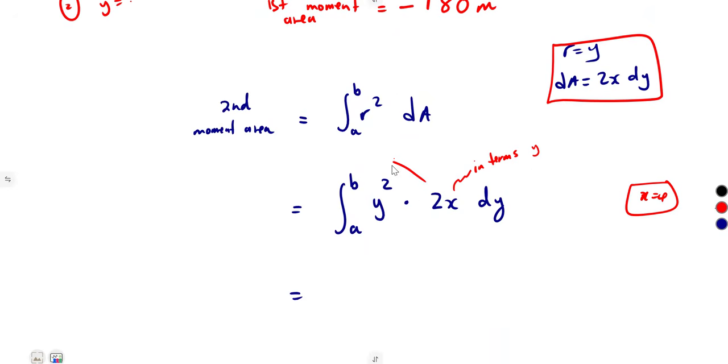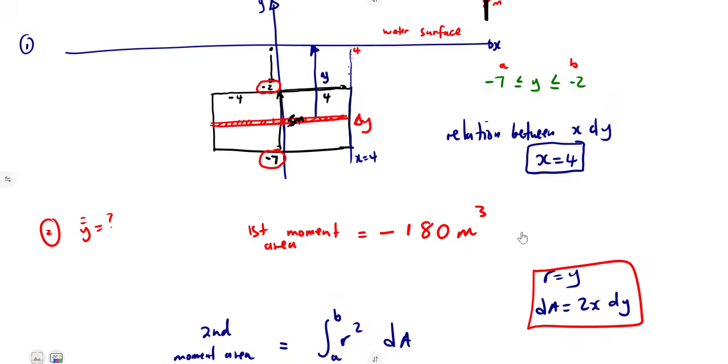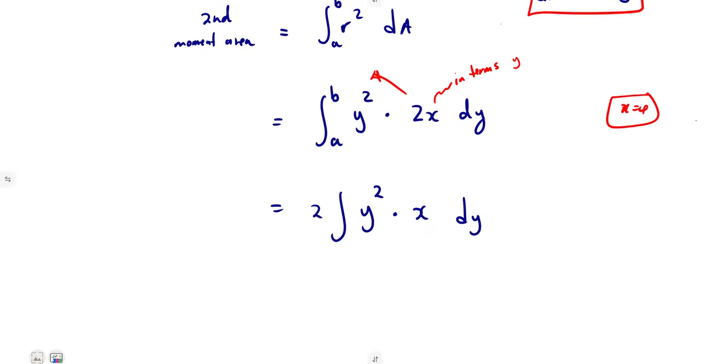So it's going to be like this: the integral of y squared times x dy. And our limits are taken from where to where? -7 to -2. All right, so that's our A and B.